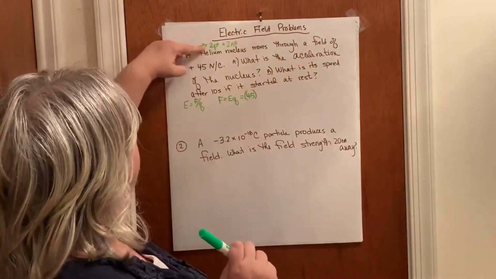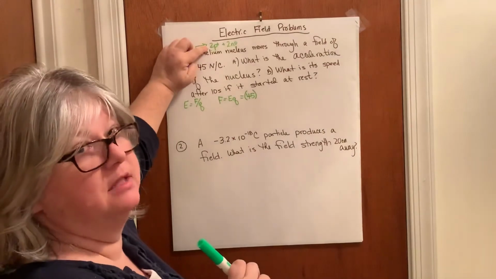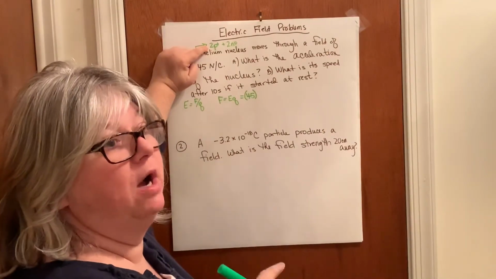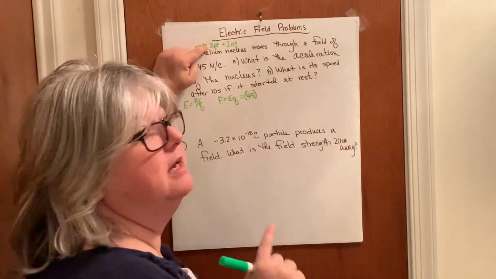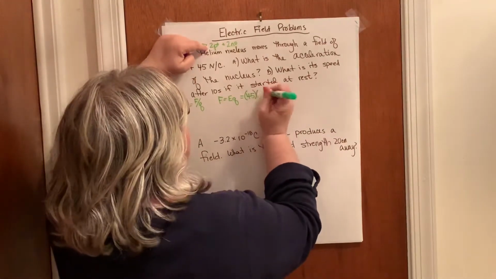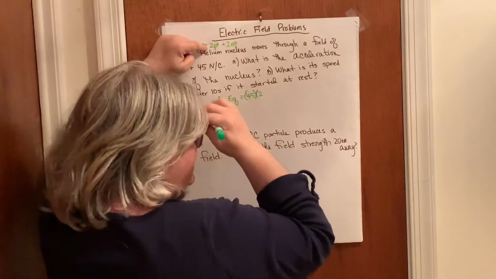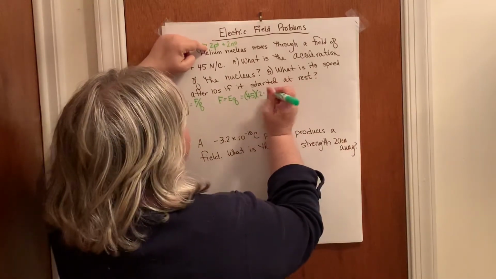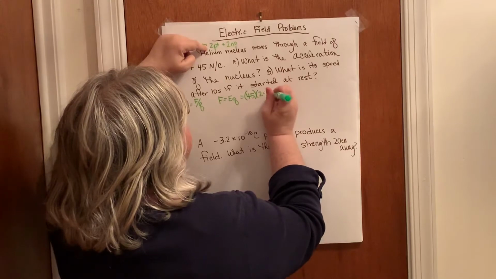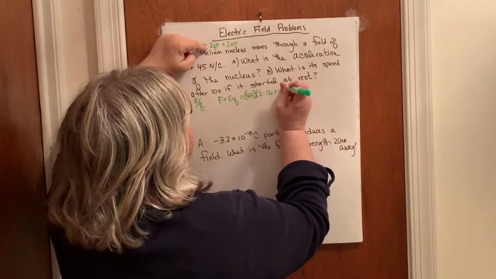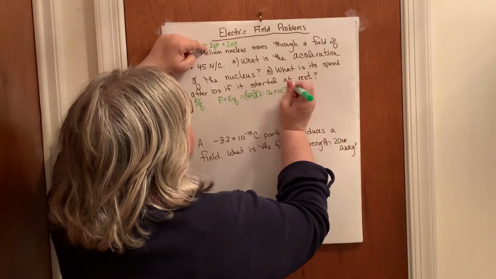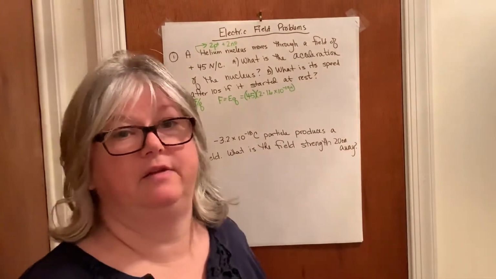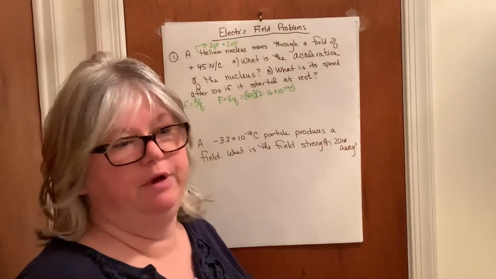And my charge is my 2 protons. On the formula sheet I gave you, we saw the charge of a proton: positive 1.6 times 10 to the negative 19th. We have 2 of them, so 2 times 1.6 times 10 to the negative 19th, which gives us 3.2 times 10 to the negative 19th.